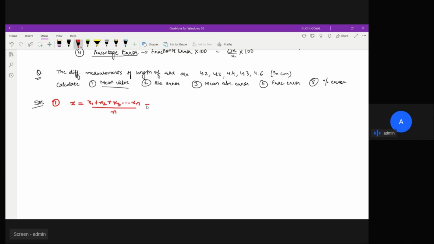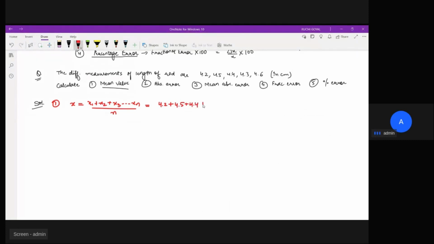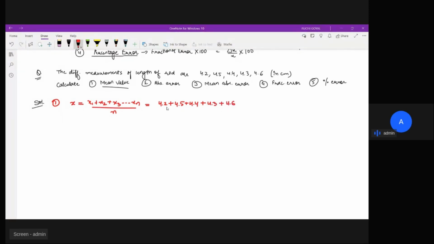This is the formula of the mean value. So we sum up 4.2, 4.5, 4.4, 4.3 and 4.6. These are the 5 measurements, divided by the total number of observations, 5.